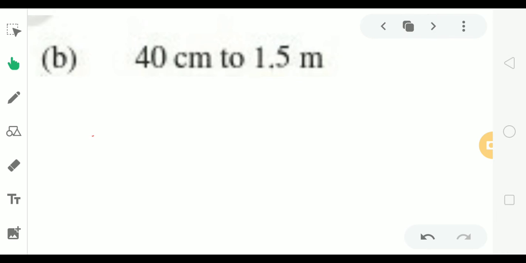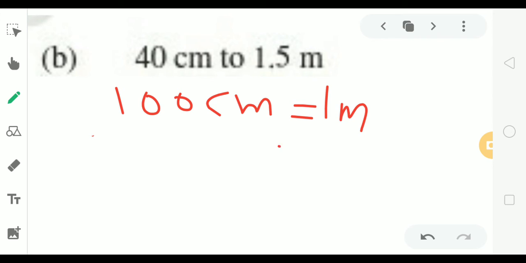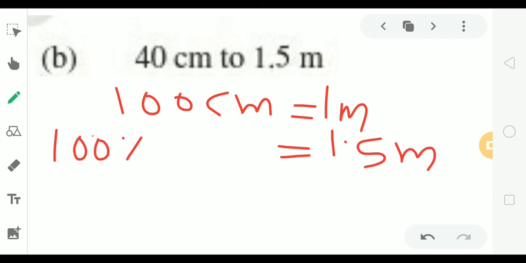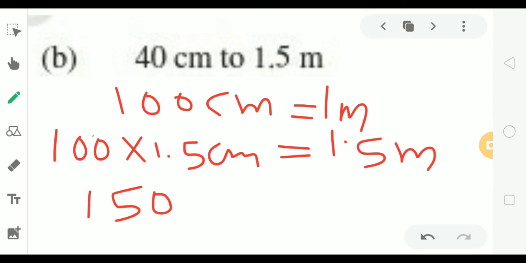Moving on to the next one, 40 centimeter to 1.5 meter. We know that 100 centimeter is equal to 1 meter. Therefore, what will be 1.5 meter? 1.5 meter would be 100 into 1.5 centimeter. It becomes 150 centimeter. Now we can change this 1.5 meter as 150 centimeter.